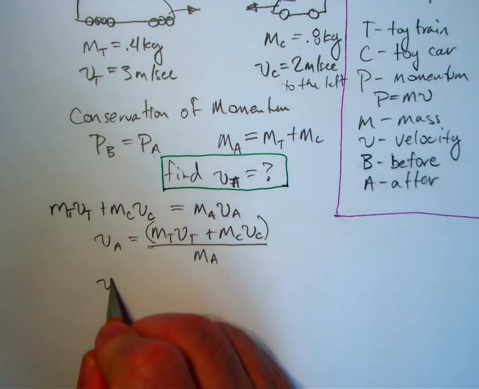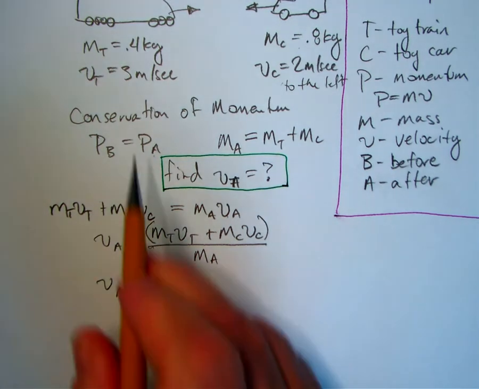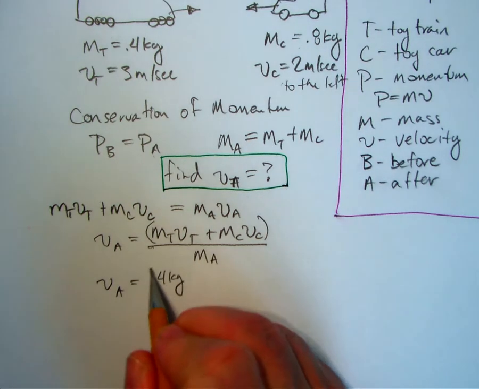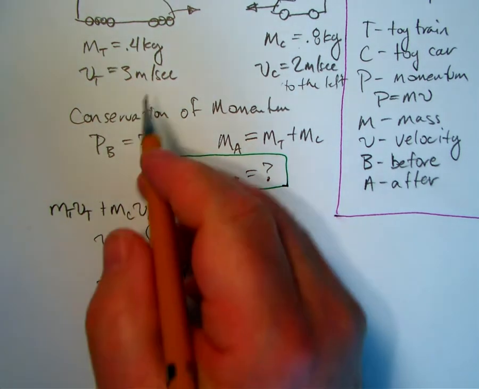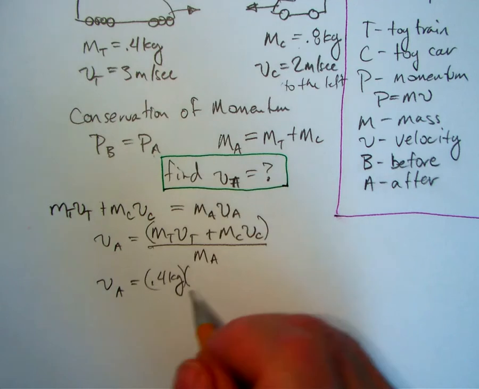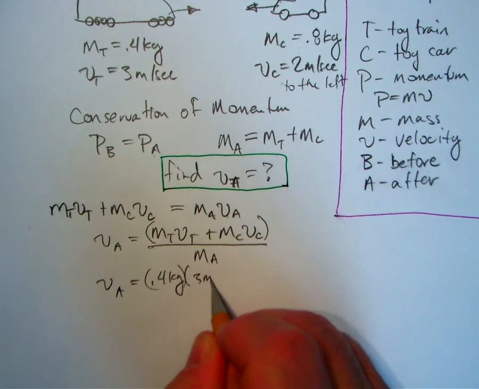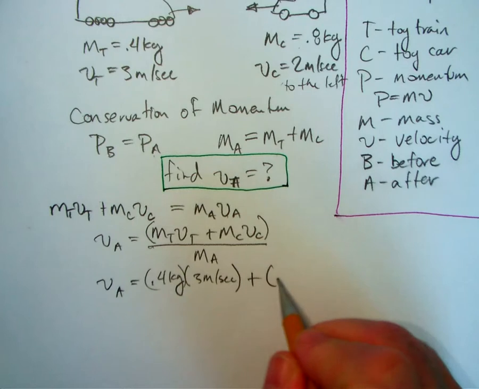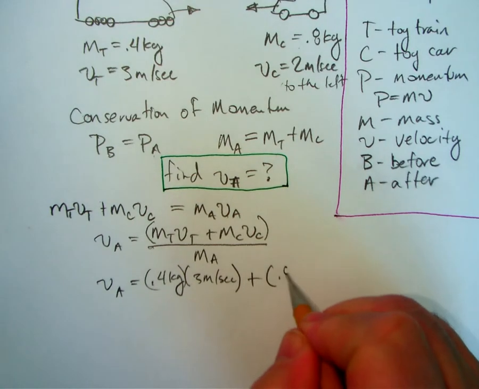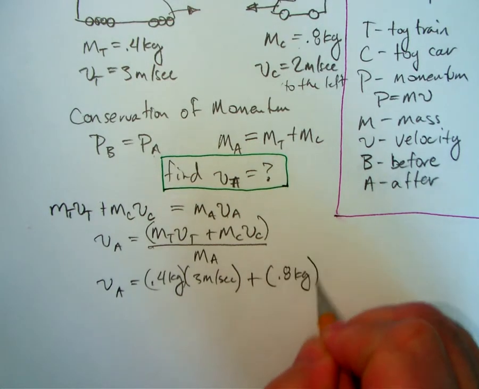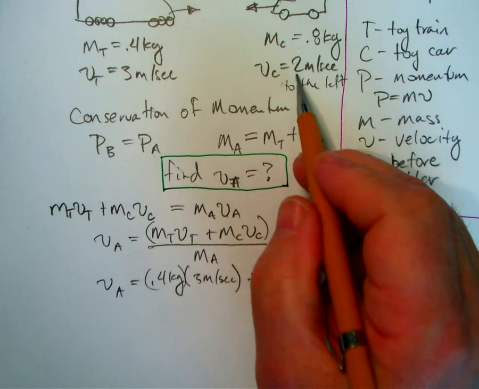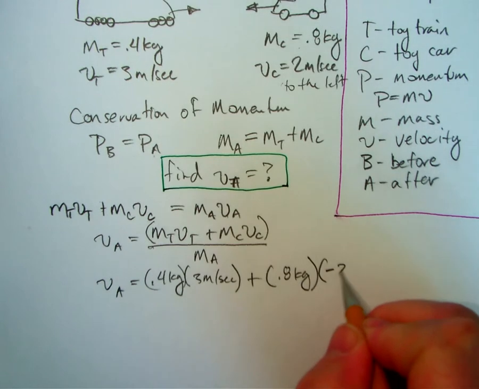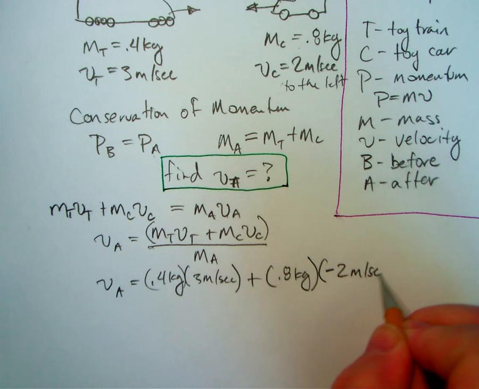Very simple now. Mass of the train is 0.4 kilograms, velocity of the train is 3 meters per second, plus the mass of the car, 0.8 kilograms, times the velocity of the car, and that's where that negative sign is going to come in, negative 2 meters per second.